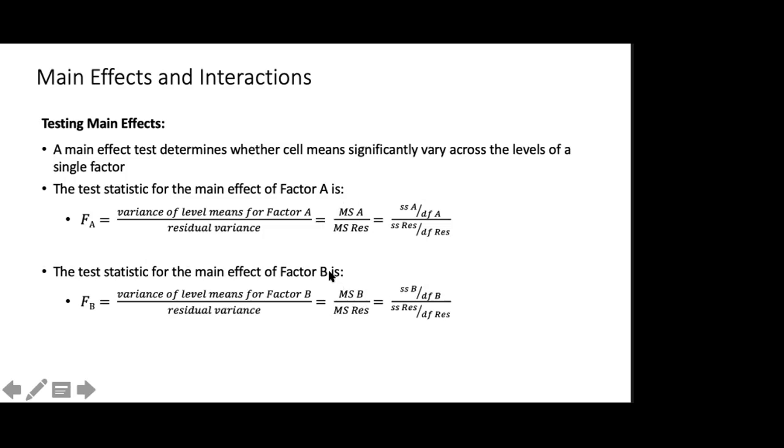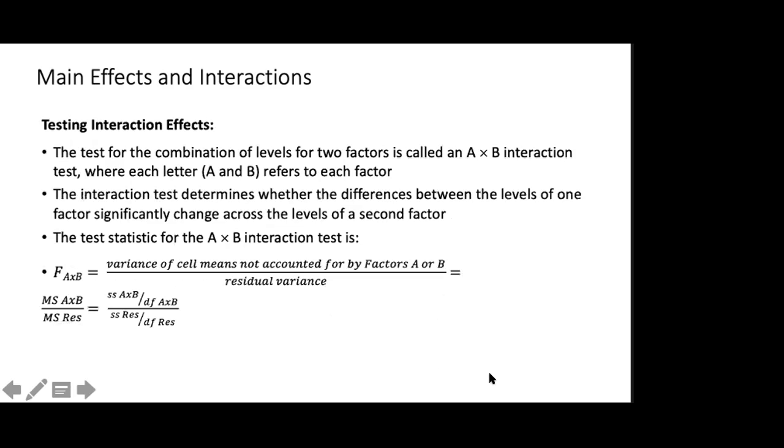The only difference here is that it's not the model mean squares, because we're breaking down the model's mean squares and looking at what we can attribute to factor A and what we can attribute to factor B. And finally, the interaction is just the variance of the cell means that is not accounted for by either factor A or factor B. So basically it's everything that is left in the model variability.